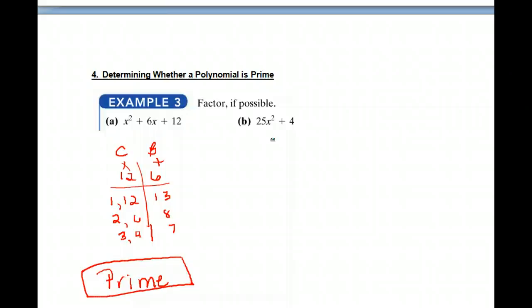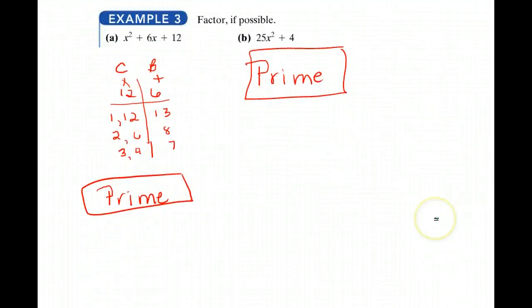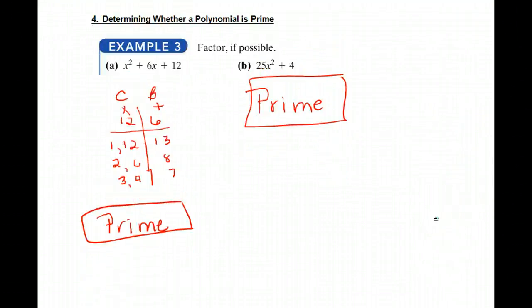Can't use that. So our next thought should be, well, is there a GCF? There's no GCF. So it also is prime. So those are just some examples of problems that you can do nothing with. And when that's the case, you write the word prime. That is your answer for a problem like that.